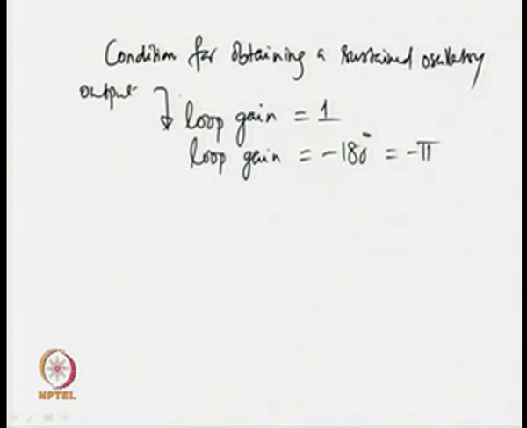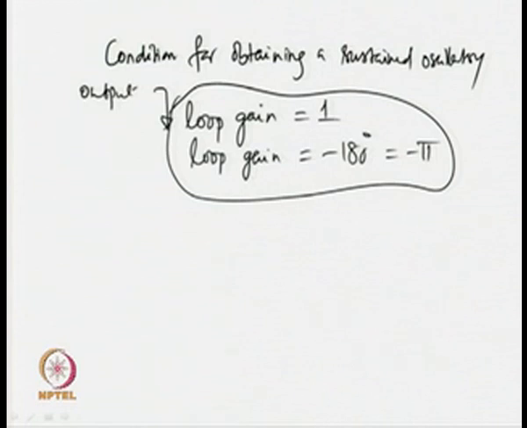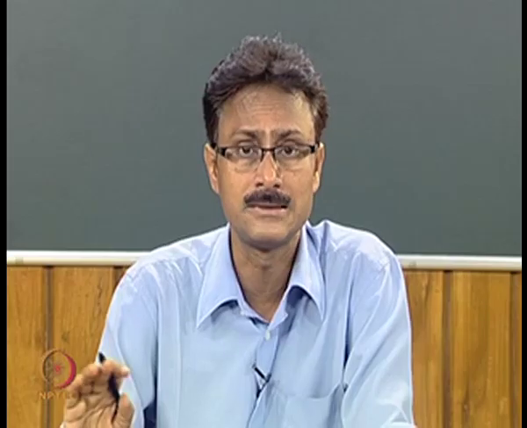So, these two conditions must be met to obtain sustained oscillatory output from the relay control system.